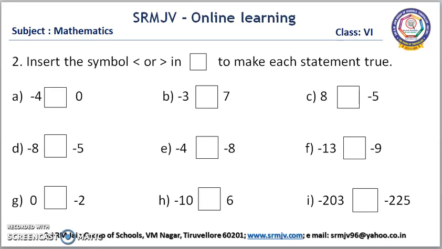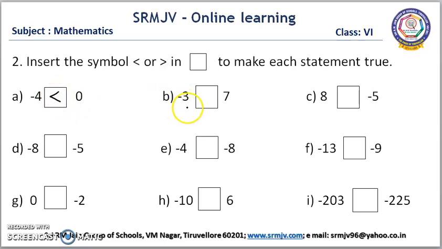The next question is, insert the symbol less than or greater than in the box to make each statement true. We are going to compare the numbers. Here minus 4, 0. Which is greater? 0 is greater. Negative integers are less than 0. So, 0 is greater.